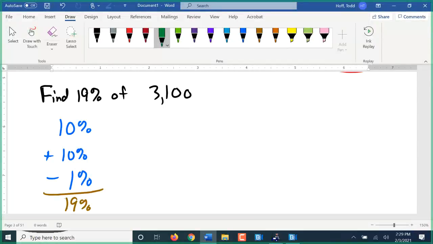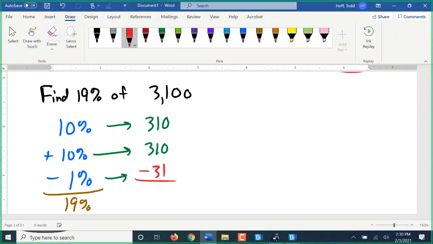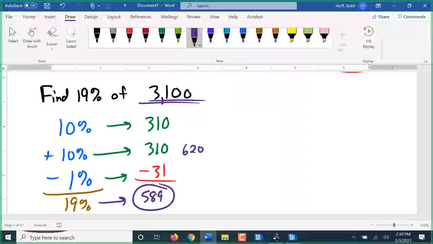Well, what is 10% of 3,100? 10% is 310. 1% is 31. I want to put that in red because I'm going to subtract that. 310 plus 310 is 620. Minus 31 is 589. 19% of 3,100 is 589.